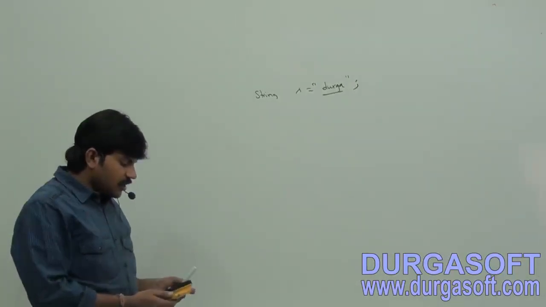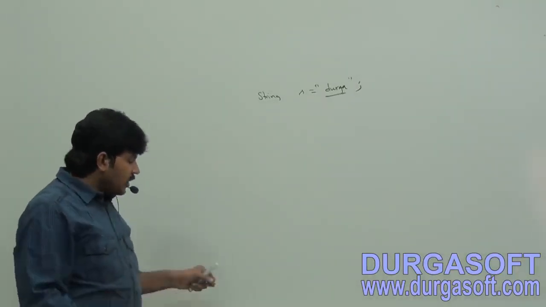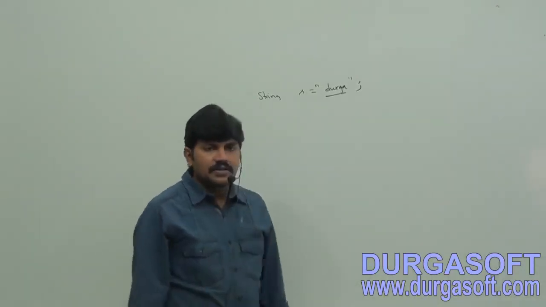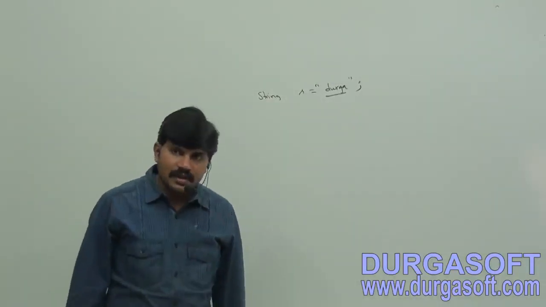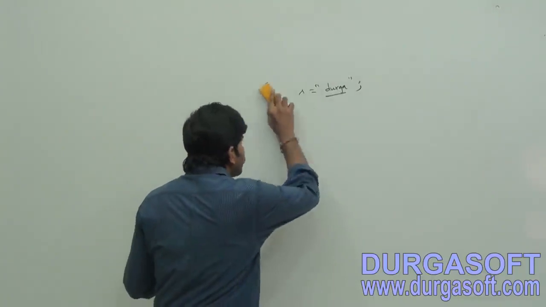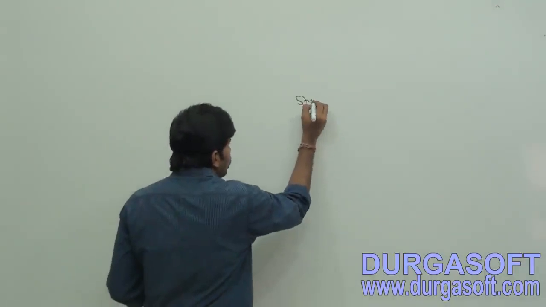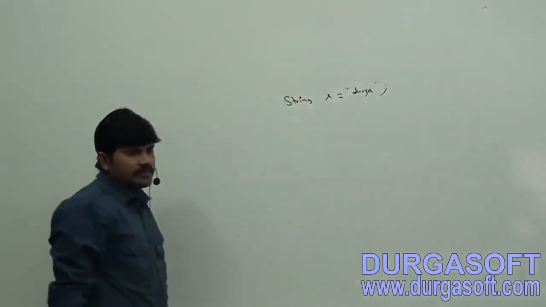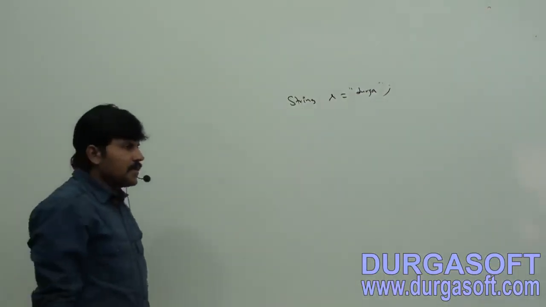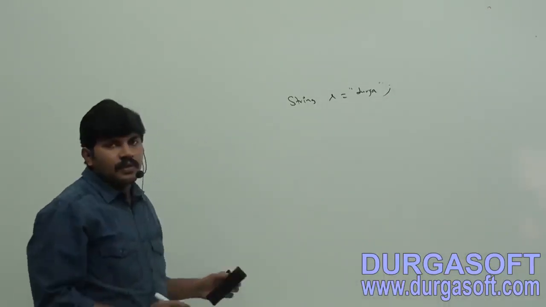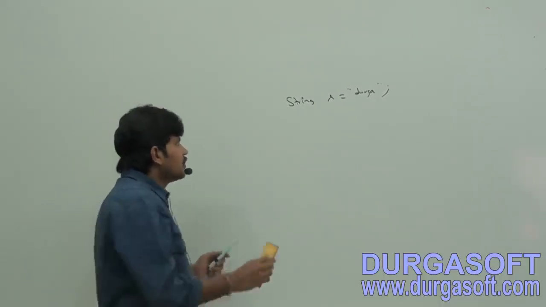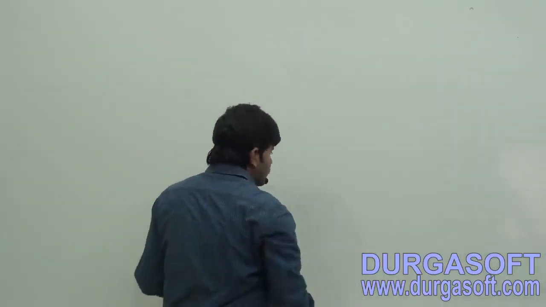Any sequence of characters within double quotes is treated as a string literal. Example: String s = "Durga", within double quotes. Any sequence of characters within double quotes is treated as a string literal. That's all.